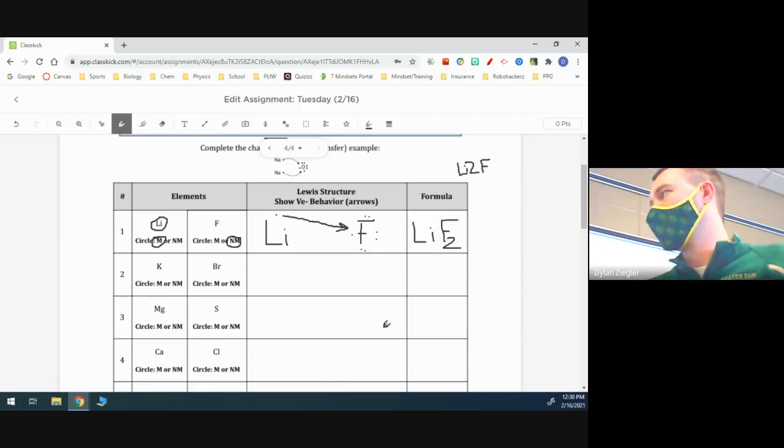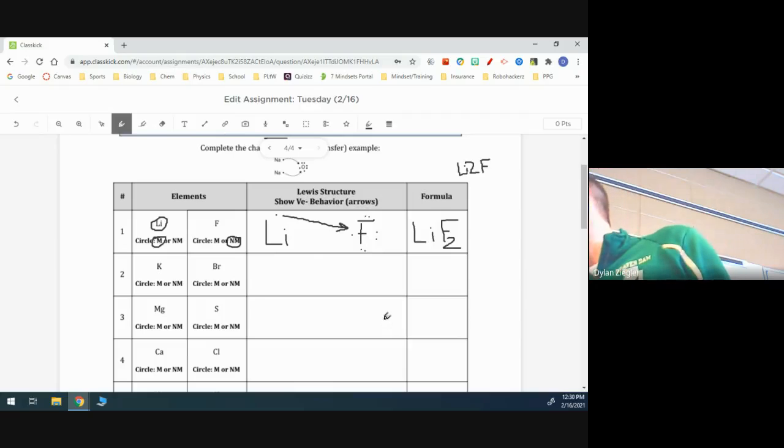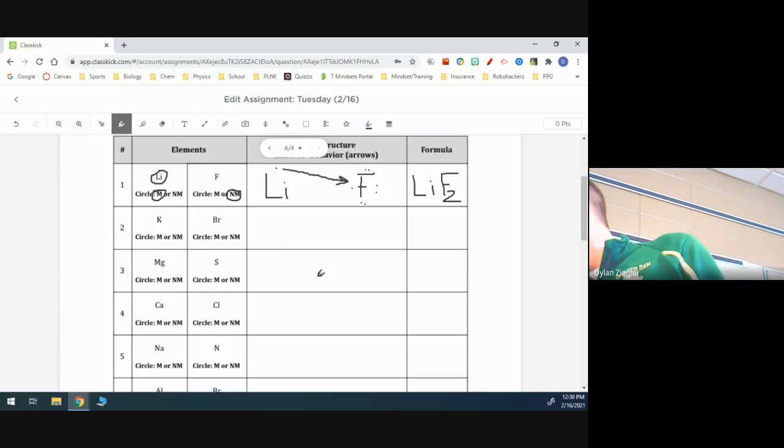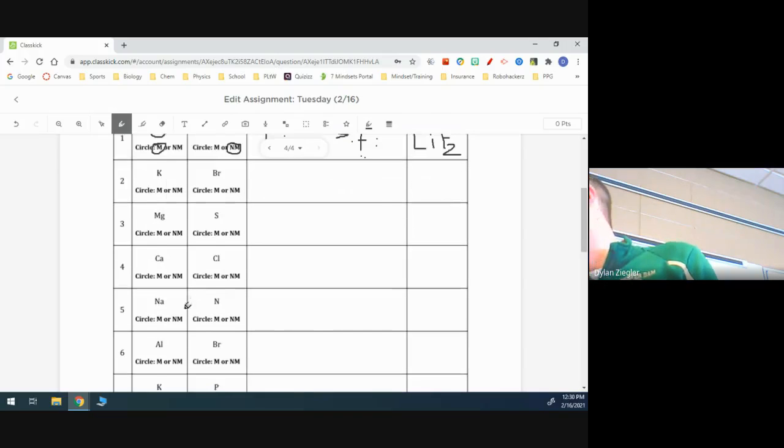Now as you go down here, some of them get trickier and trickier. Some of them you need to transfer 2 electrons. Some of them, remember for ionic bonds, you might have to add extra atoms. So in some of them, you might have maybe 2 calciums and 1 chlorine, or maybe 1 calcium and 2 chlorines. Some of them you might have 3.